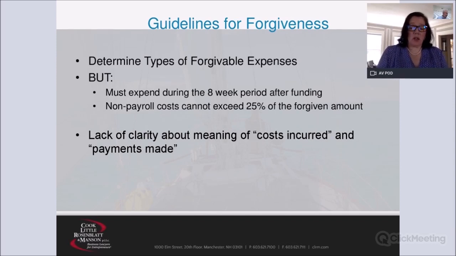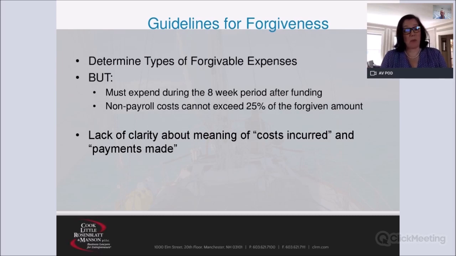There's another reading, that the way the act reads, it talks about payroll costs and it talks about payments for rent, payments for your mortgage, payments for interest, such that it's payroll costs that are incurred in the 8-week period and then actual other payments made during that 8-week period. And the further thinking is that you might be able to catch up on rent payments and other payments that you make during the 8-week period that extend to a period prior to receiving your loan.